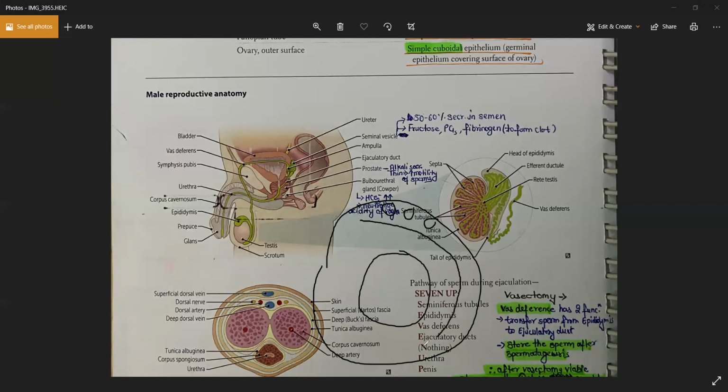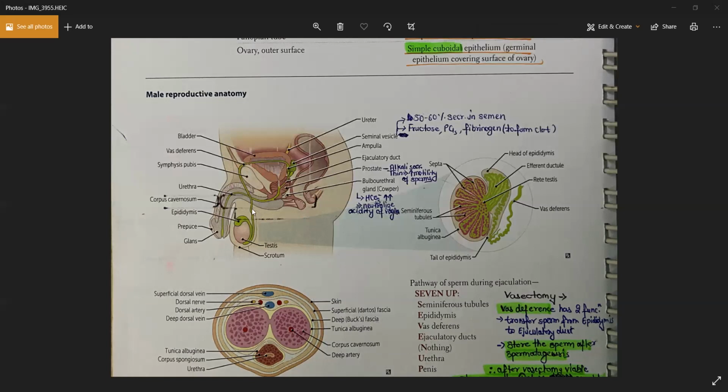On the outer side of this blood-testis barrier, made by the Sertoli cells, you have all these germ cells, and on the inner side you have all these matured cells, these sperms. So that is what you see on the histology. As these sperms mature, they will go into this lumen, and from that lumen they will go into the rete testis, then to the epididymis, and then to the vas deferens.